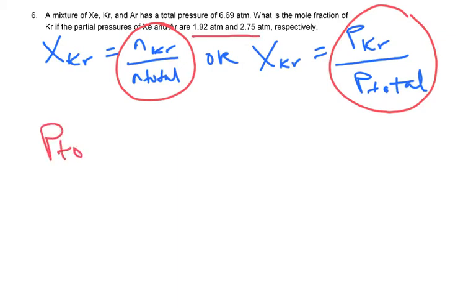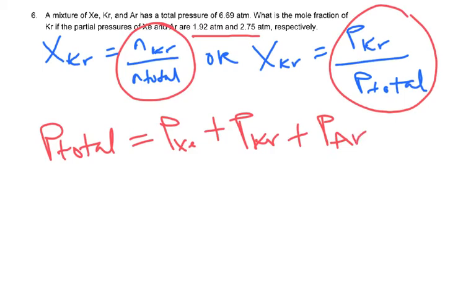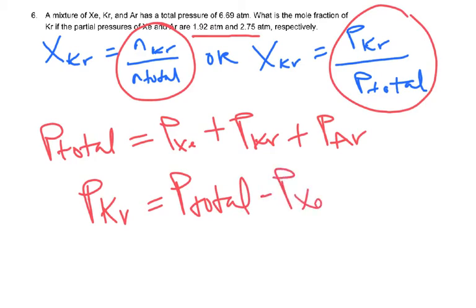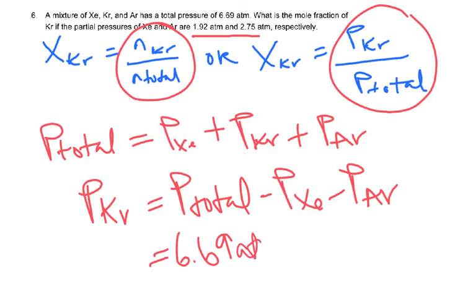So P total is equal to the partial pressure of xenon plus the partial pressure of krypton plus the partial pressure of argon. We can solve for the partial pressure of krypton. P krypton is equal to P total minus the partial pressure of xenon minus the partial pressure of argon. So this is going to equal 6.69 atm minus 1.92 atm minus 2.75 atm.